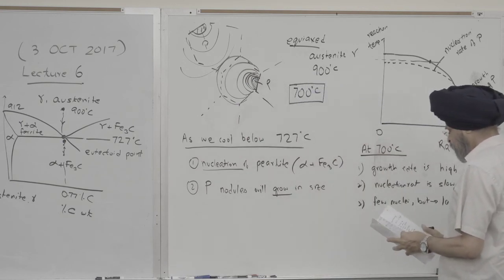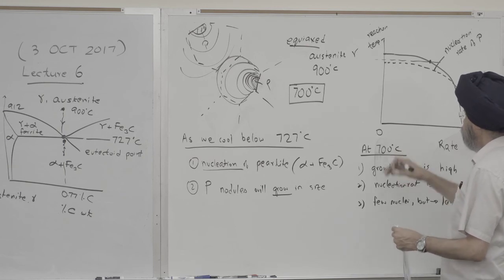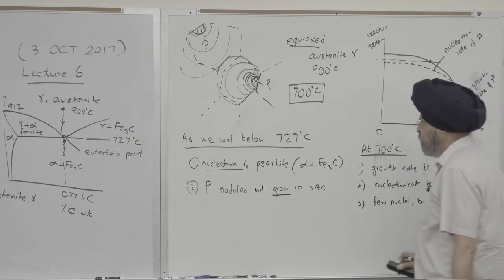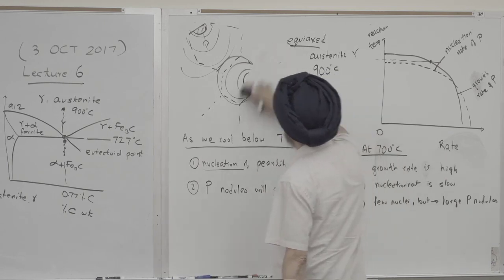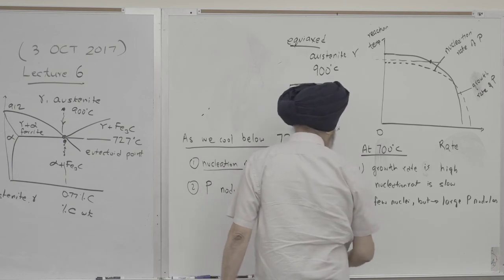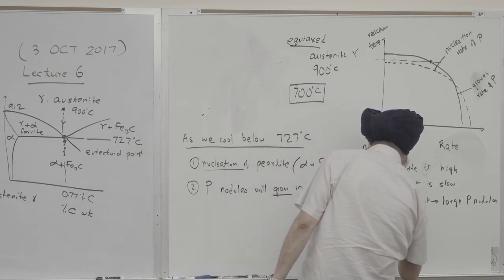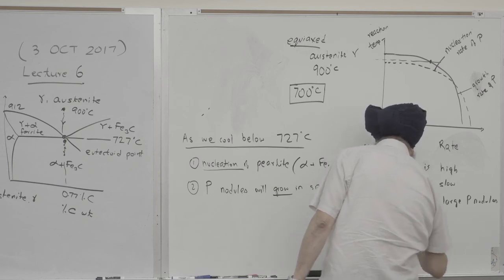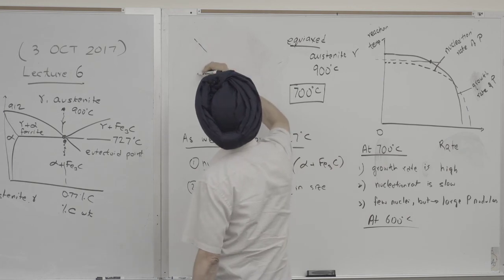So now supposing you lower the temperature of reaction, let's say from 700 to, let's suppose, 600. So what will happen? Let's say we have 600 degrees centigrade reaction temperature, what happens? Let me draw the grains again.